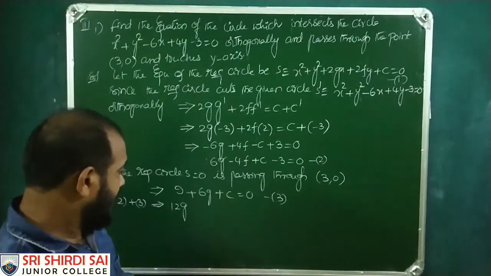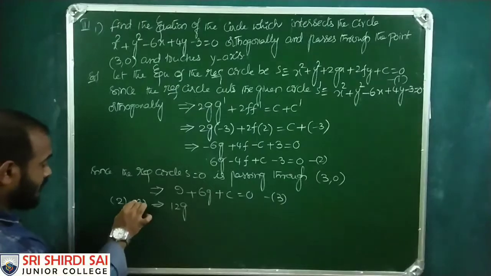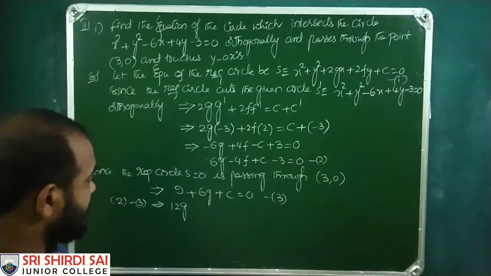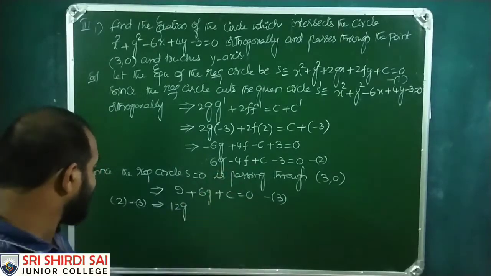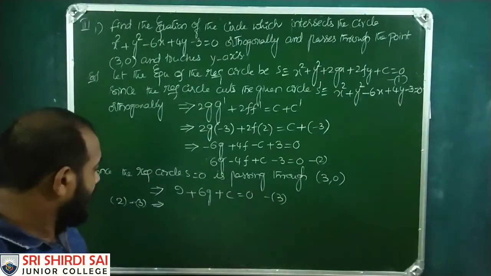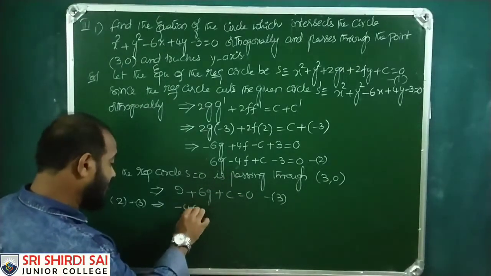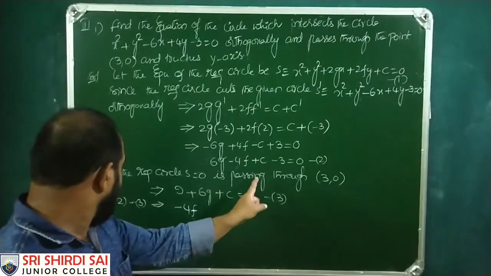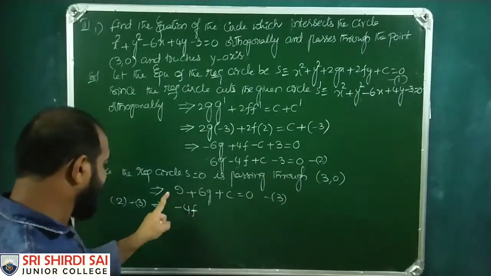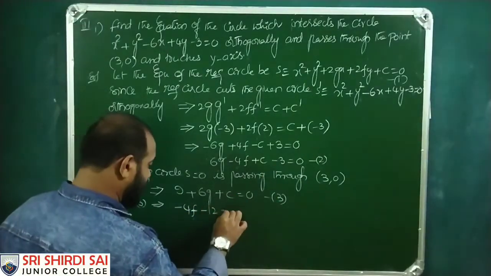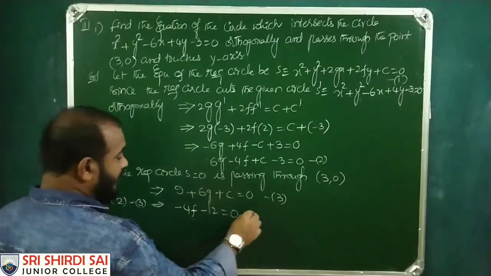Next, 2 minus 3: 6g minus 6g gets cancelled, minus 4f, plus c minus c gets cancelled, and minus 3 minus 9 is minus 12 equals 0. From this, minus 4f equals 12, so f equals minus 3.